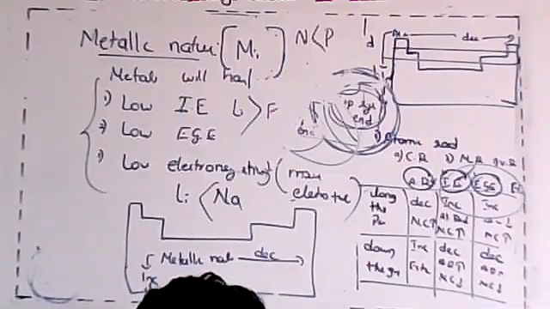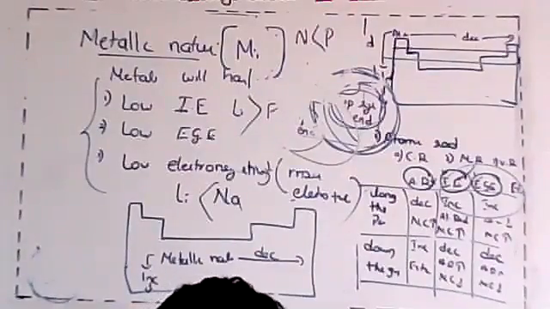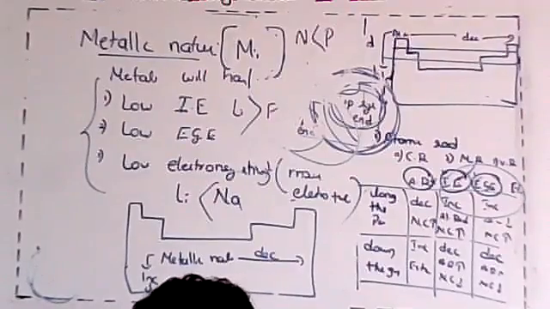Electronegativity also increases, atomic radius also increases, nuclear charge also increases. Is it in that way? Yes, Ritika. Atomic radius should decrease. Okay, sir. And down the group, electronegativity decreases and atomic radius increases and nuclear charge remains same.